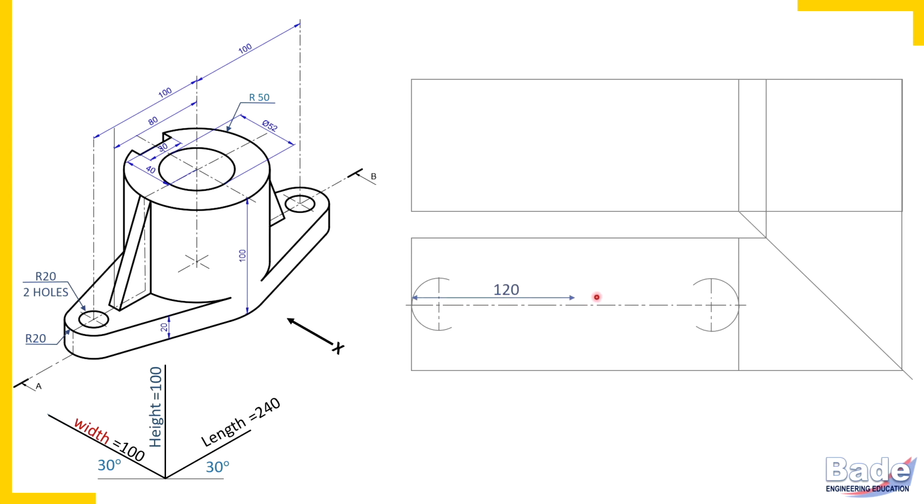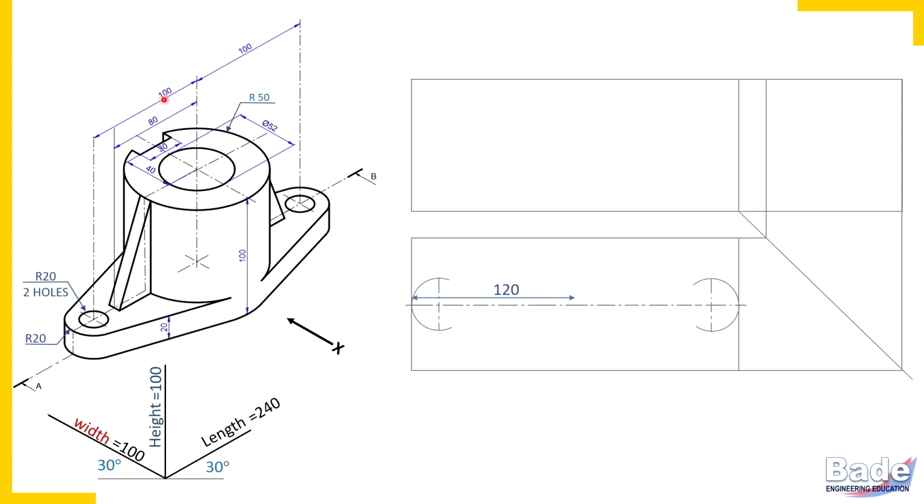Now 120 millimeters, check here. I am drawing this curved edge. Watch here. Boundary of this base plate is tangent to the cylindrical surface, and that is why that cylindrical surface of radius 50 millimeters you should draw here in the top view.